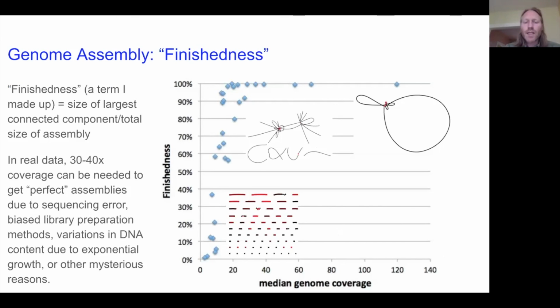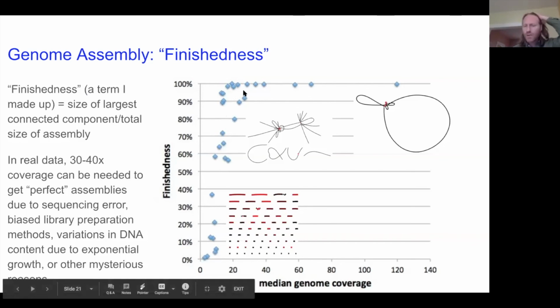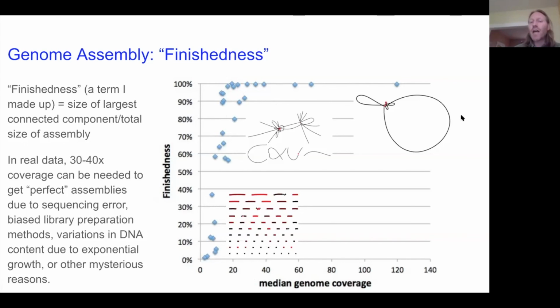So one way to look at this is a metric that I call finishedness, which I just kind of made up. Probably has a real name somewhere, but it's the size of the largest connected component in the graph divided by the total size of the assembly. And I use this to help me find out what kind of coverage I should be aiming for in my isolate genome assemblies.